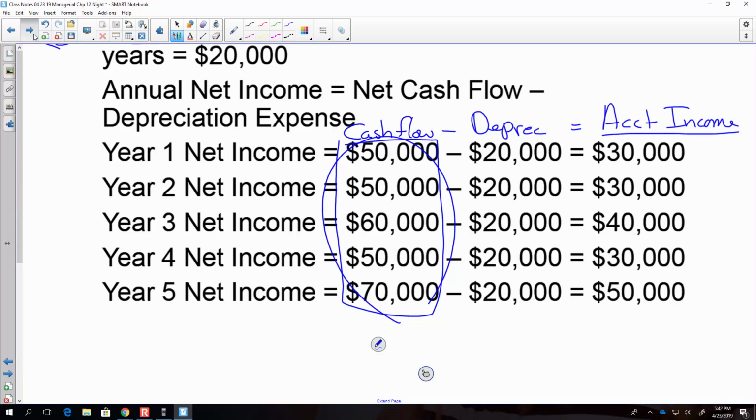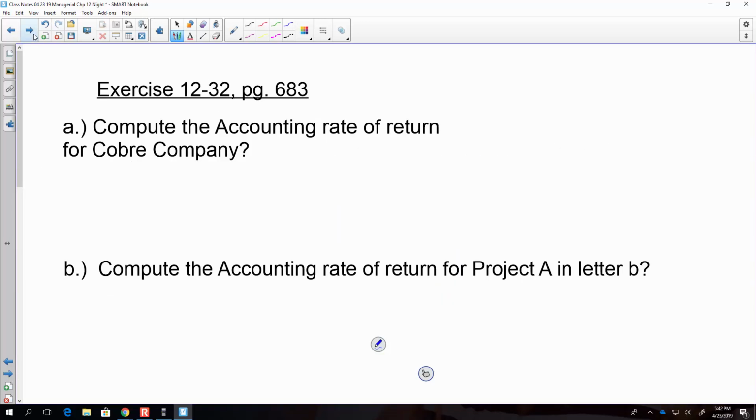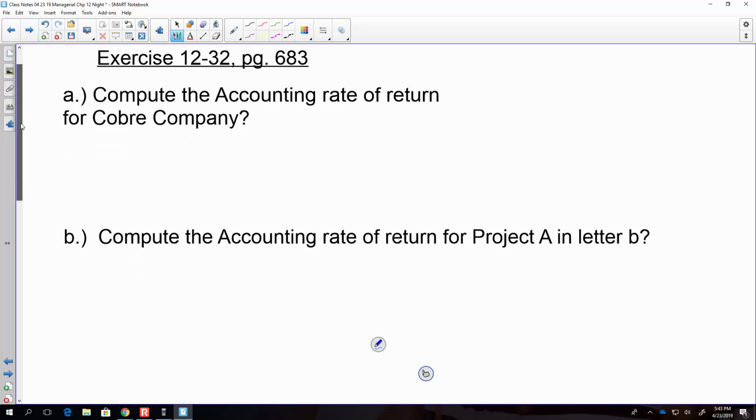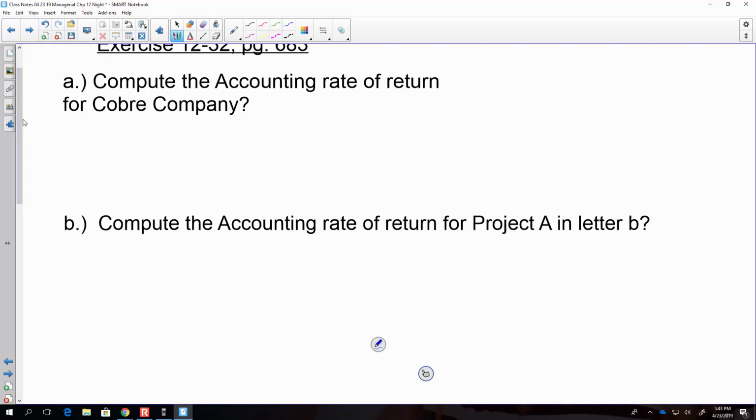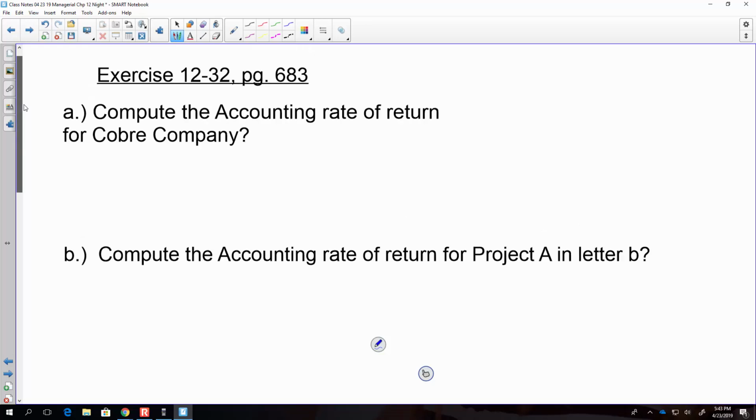So let's try this. The one I want to try is 32. We'll do A and B here. First off with A, I like this one because it shows the cash revenues at 6 million. I'm on page 683 now. Problem 32.